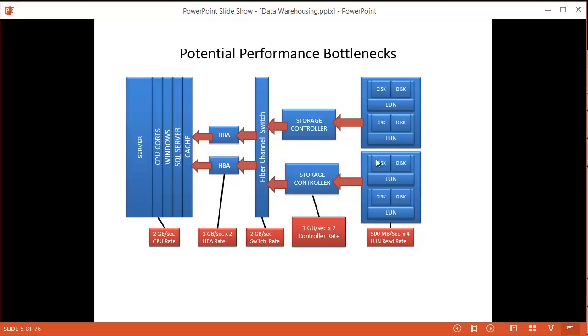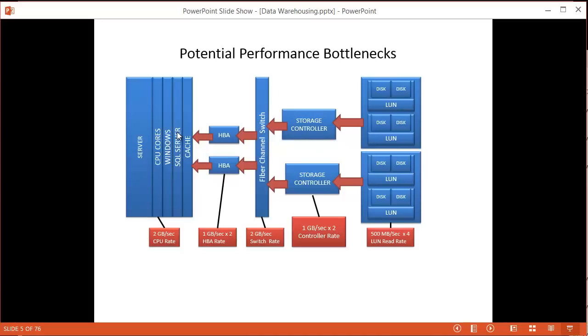So fundamentally, that query retrieves all the data from its disk, which then makes its way through your storage controllers, through a fiber channel switch, through the HBAs, which are basically just network interface cards specific to fiber, and then onto your server where it can then be aggregated.